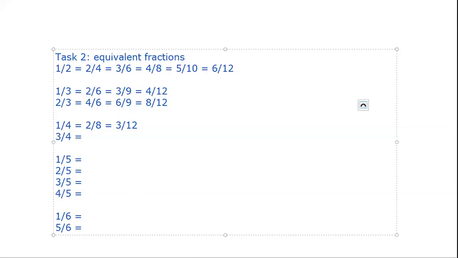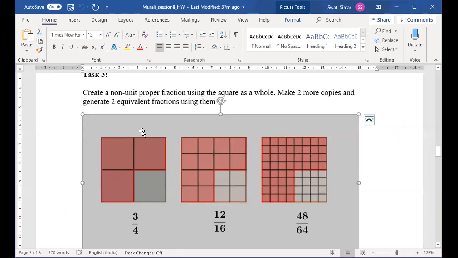Task 3. Some of you did task 3 well, but I want to mention, see, for example, if this is how you did your task 3, where you have created an equivalent fraction and then you have made 2 copies of it and formed an equivalent fraction, this is correct, absolutely no doubt about it.